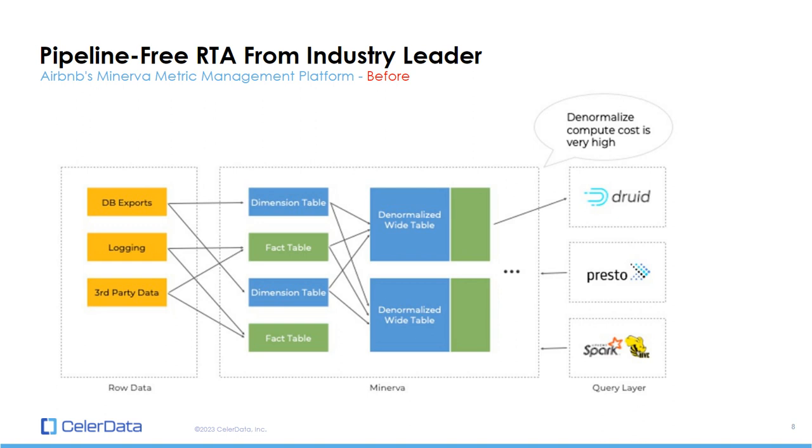So they needed to denormalize everything on 6 petabytes of data, and that's pretty expensive. The biggest pain point for them is schema change. A metric platform changes a lot because it has a lot of metrics in it. Changing a metric is very normal for Airbnb.